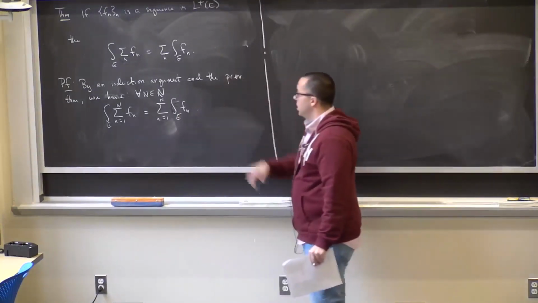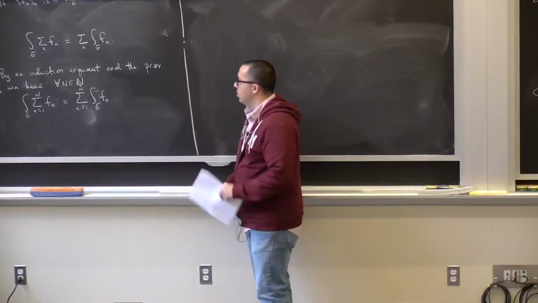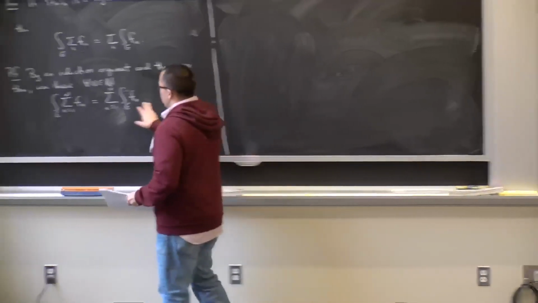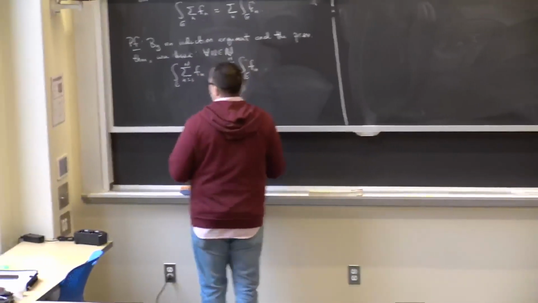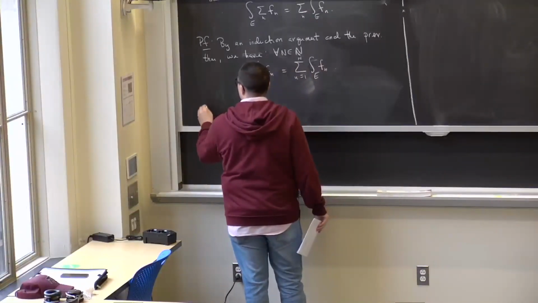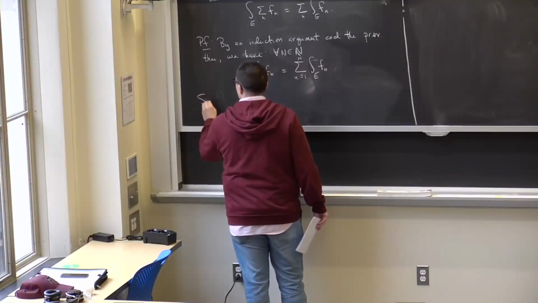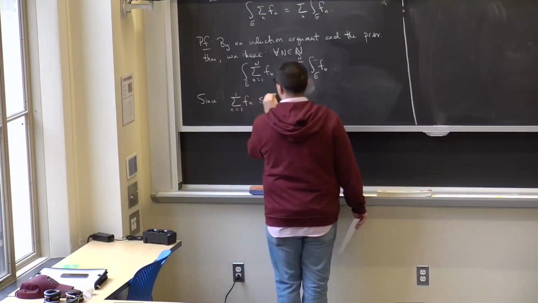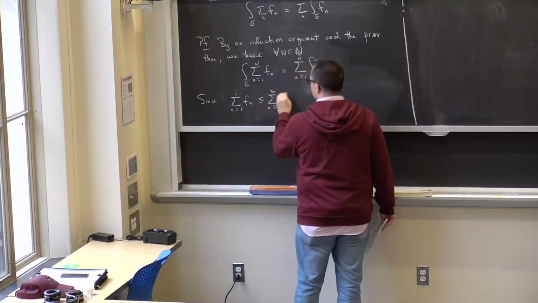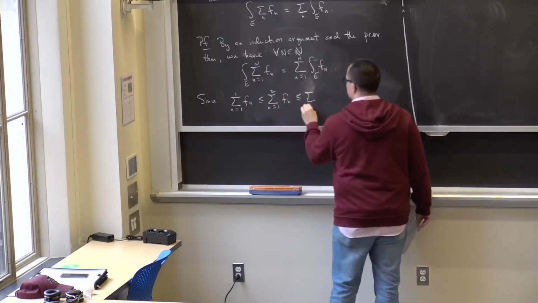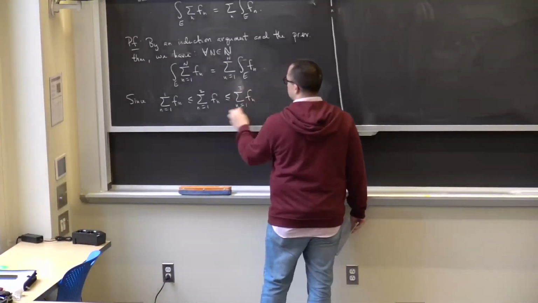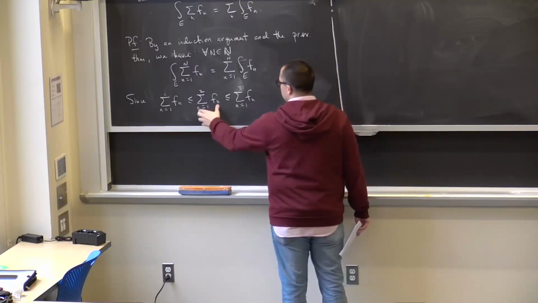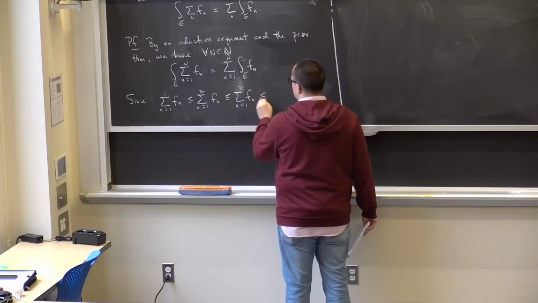I'll leave the details of this to you, or you can just believe it based on how many induction arguments you've done in your life. So we have this, and since the sum from n equals 1 to 1 of Fn is less than or equal to the sum from n equals 1 to 2 of Fn, which is less than or equal to the sum from n equals 1 to 3 of Fn, because these are all non-negative functions, adding non-negative functions to something only increases it.